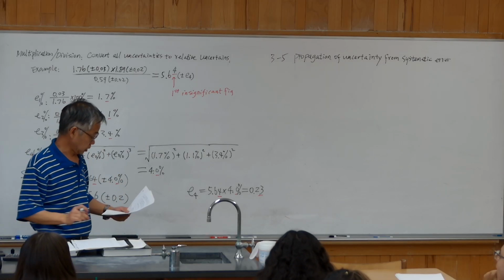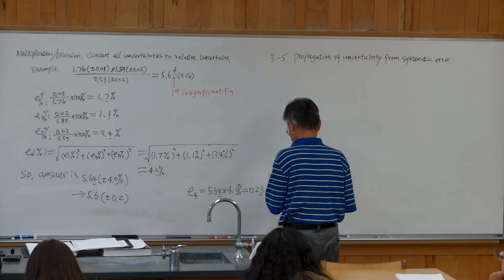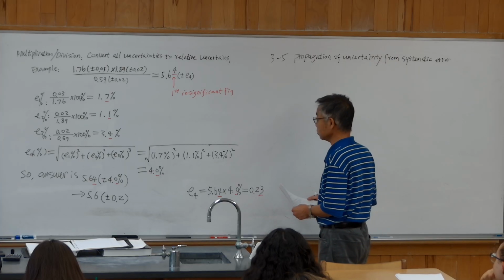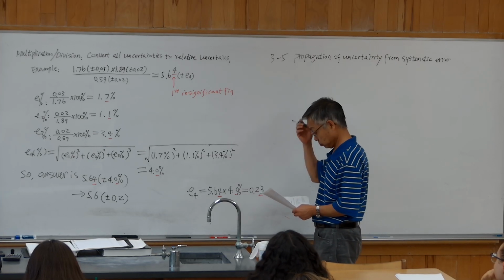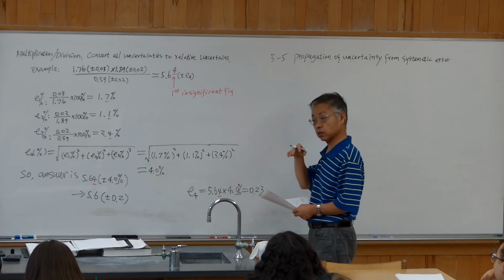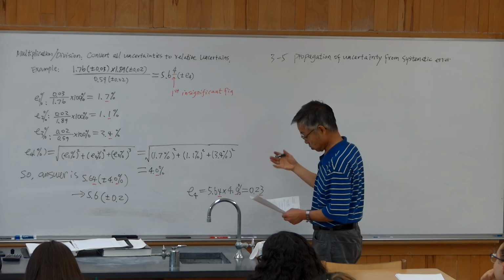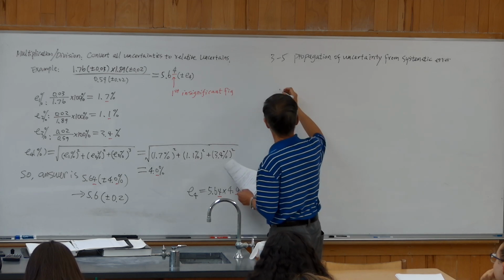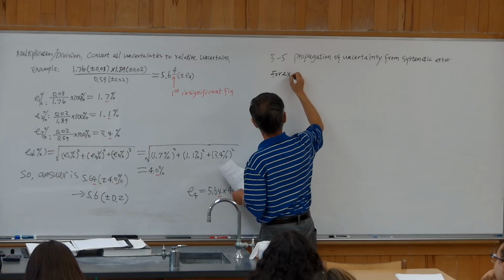Just simply get the total systematic error for each individual number, because systematic error cannot be cancelled. It is always in the same direction, either positive or negative. Different way. Let's see an example.